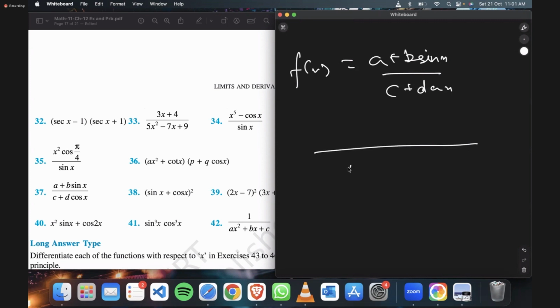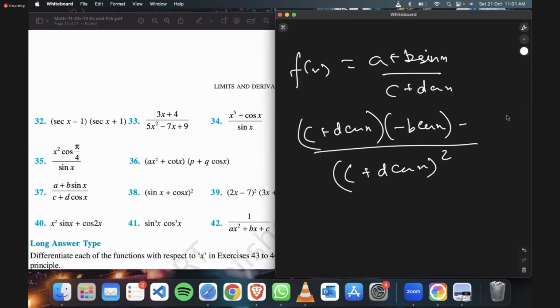So now (c plus d cos x) whole square, and (c plus d cos x) multiplied with the derivative of a plus b sin x, which is 0 plus b cos x, and in the numerator I will be having a plus b sin x as well, multiplied with the derivative of c plus d cos x, which is 0 minus d sin x. Alright. Now you can move on and simplify it further. Let's do that if we can here.